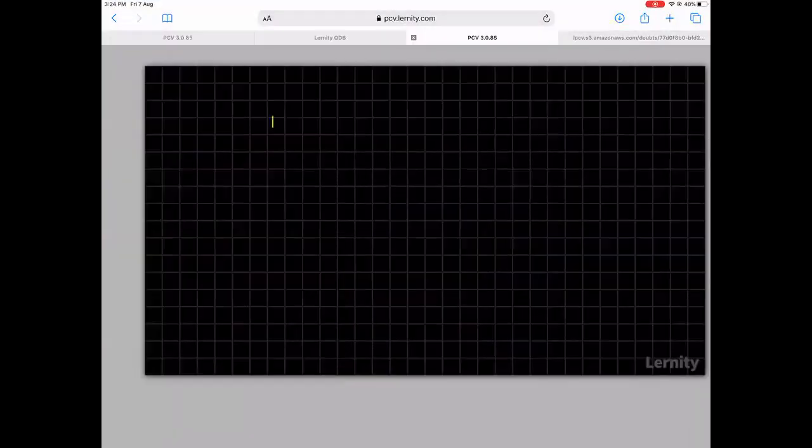Suppose you have a magnetic field this way. This arrow indicates the direction of force on the North Pole.